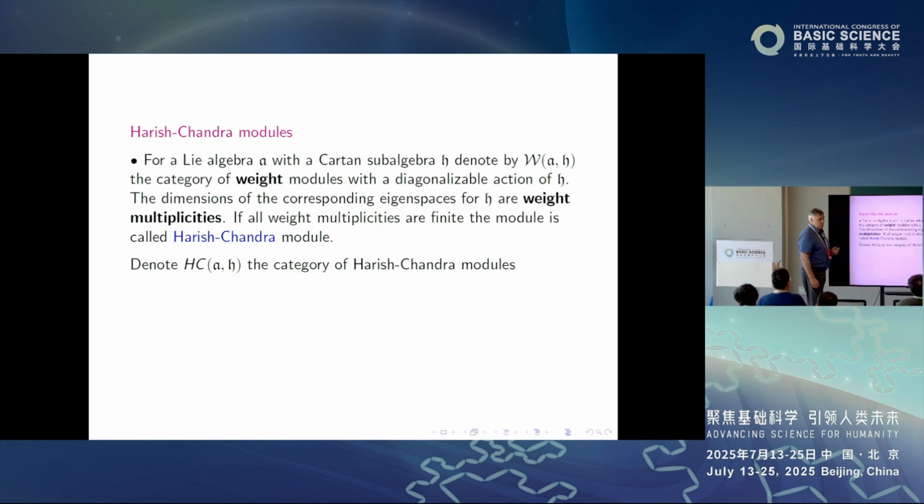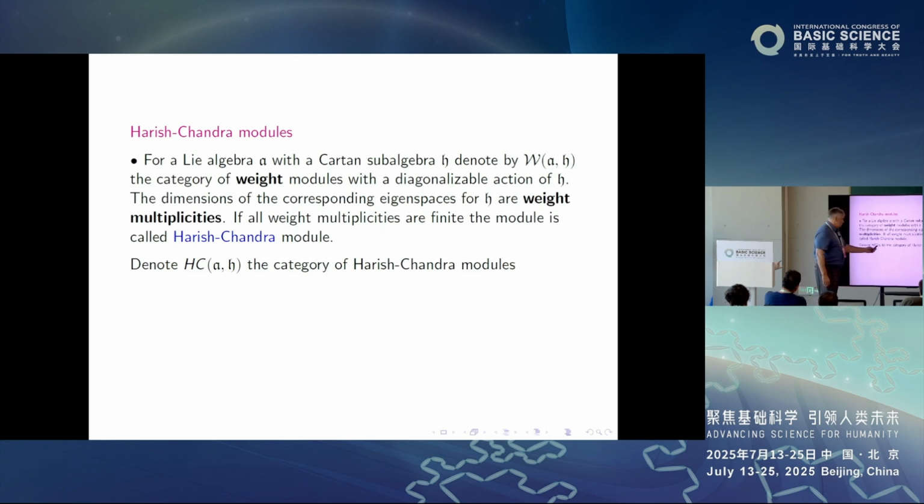Now, Harish-Chandra modules. So we have a Lie algebra with a Cartan subalgebra. Then the category of weight modules consists of those where the Cartan subalgebra is diagonalizable. And the weight module is called Harish-Chandra if the weight spaces are finite dimensional.